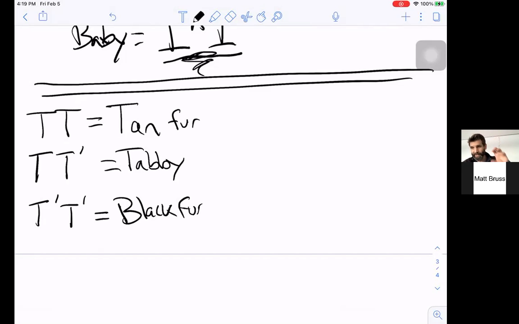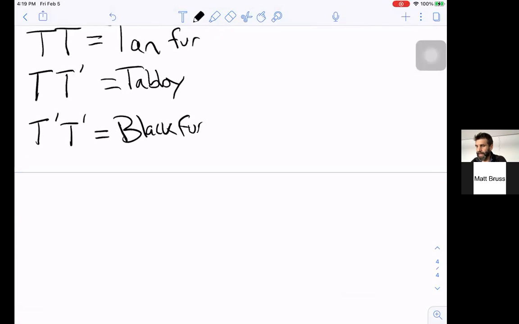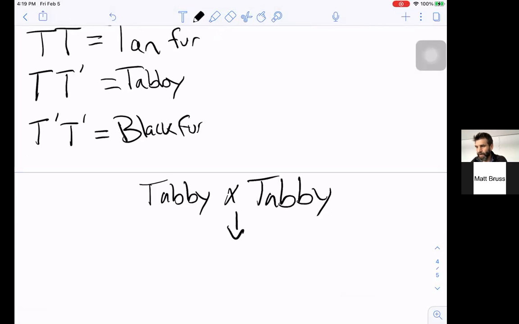It's patches of tan and black, equally brilliant. And in chickens, you can sometimes see white and black feathers in a checkered pattern. And the way we would do this is if you had a tabby cat crossed with another tabby cat, what might the offspring be?